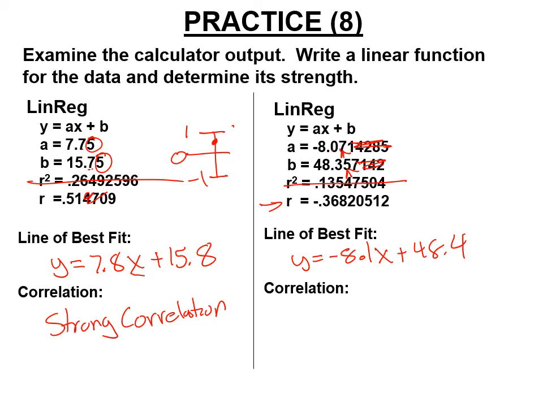Correlation, so negative 0.6. All right, so that is there, right? It's closer to 0, all right? It's not weak because it's negative. It's weak because it's closer to 0, right? If we had a negative 0.51, we would be strong. This is a weak correlation.